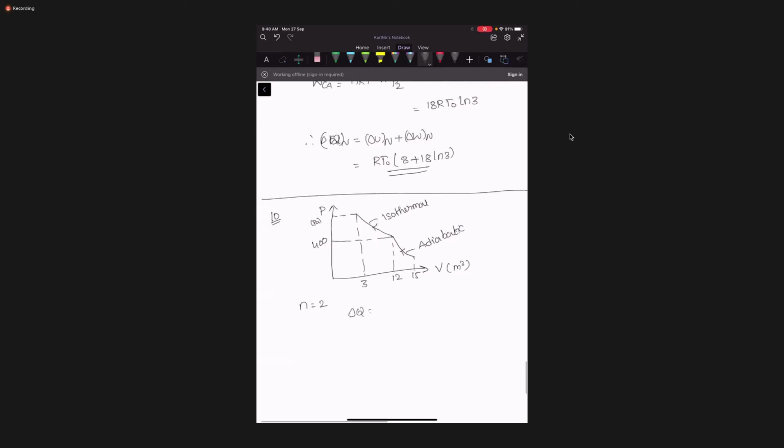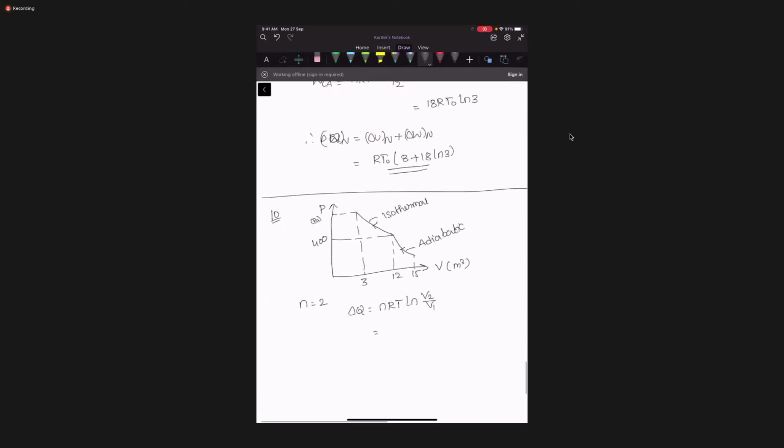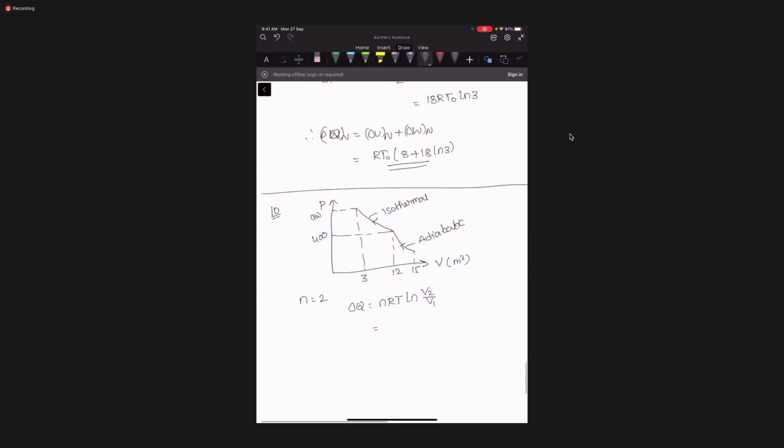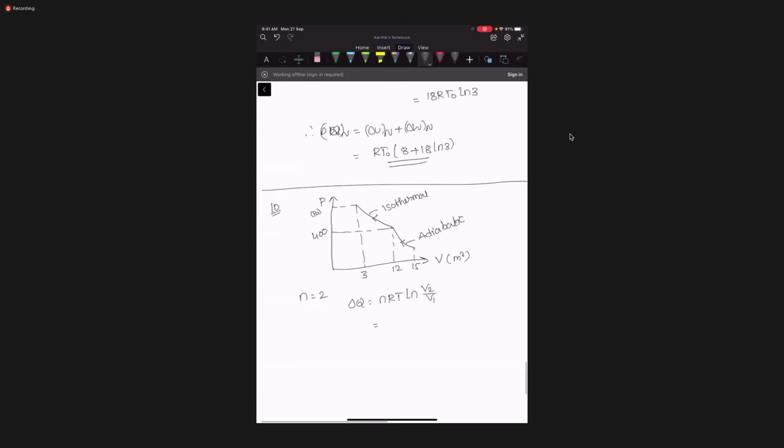Isothermal, your delta Q is nRT log V2 divided by V1, isn't it? Yes, sir. nRT, do we know? No, sir. We can find out now. P1 V1 is equal to nRT1, no?